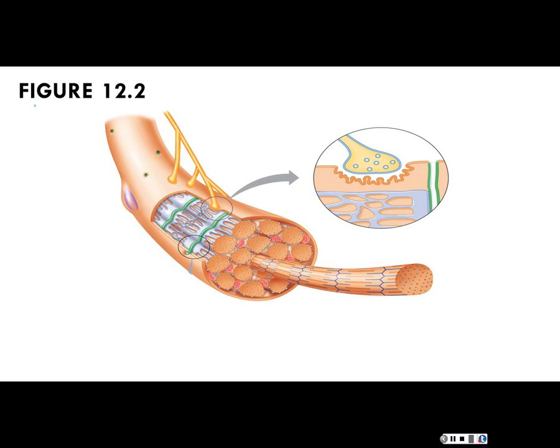What's in the nucleus? DNA, and so therefore it would not have the ability to replicate. So if you lose skeletal muscle cells due to injury, those cells are gone after you reach a certain level of development. So our skeletal muscles are multinucleated.